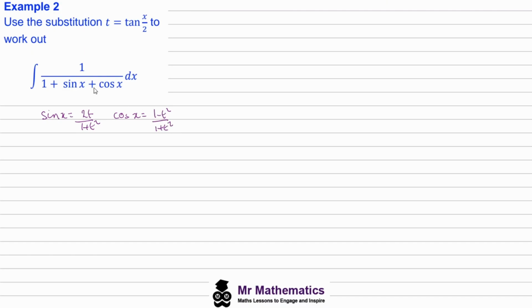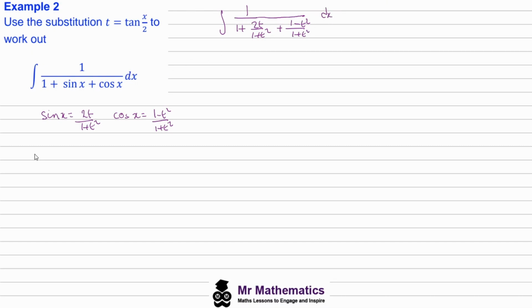And we can substitute each of these into our integral. So we have the integral of 1 over 1 plus sine x, 2t over 1 plus t squared, plus cos x, 1 minus t squared over 1 plus t squared. Again, this is integrated with respect to x.